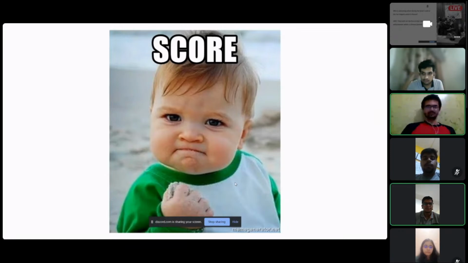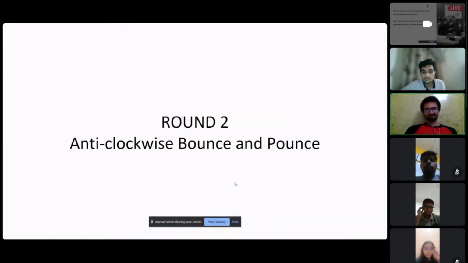Let's move to the second round. In the second round, it will be anti-clockwise. So the direct questions will go from P8 to P1.